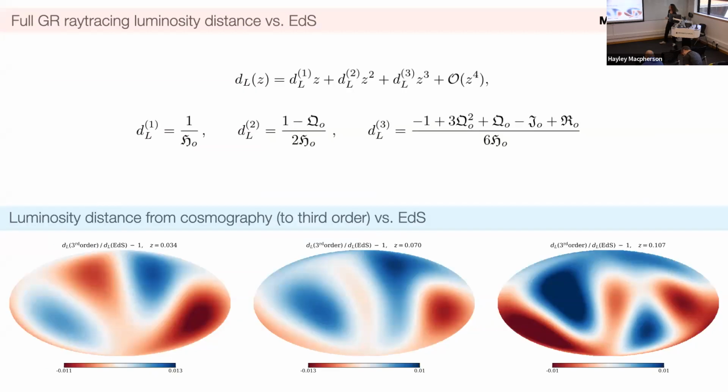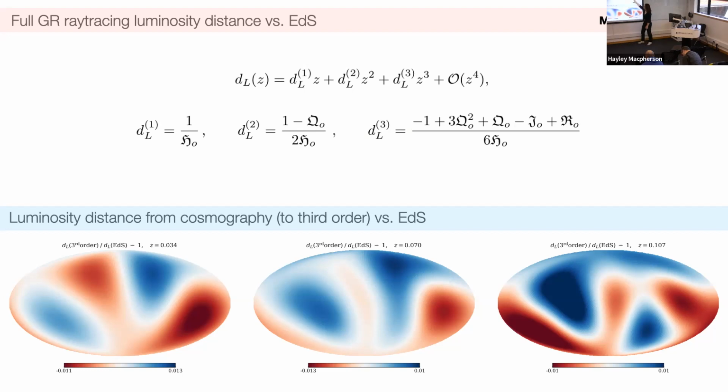Okay, and the first application of this ray tracing that I've done is exactly to assess the validity of this cosmographic representation. Looking back to this series expansion which I showed before, in the previous paper I've been talking about, we calculated these individual cosmological parameters within the simulation.